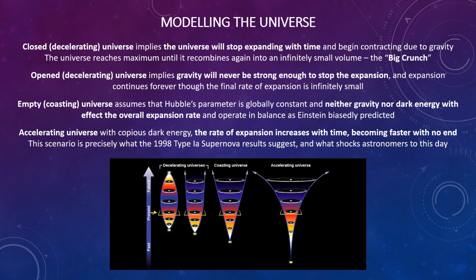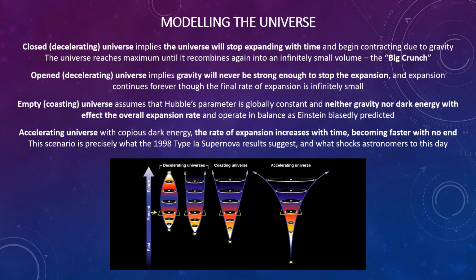This fate would be known as the Big Crunch. An open universe that is decelerating implies that gravity will never be strong enough to stop the expansion, and the expansion will continue forever, although the final expansion rate will eventually be infinitely small.